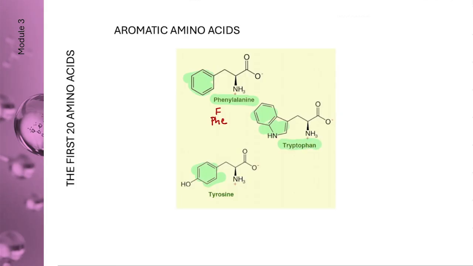Do you remember the first letter for tryptophan? W, and the 3-letter TRP. Okay? Tyrosine is also an aromatic amino acid. Can you guess the first letter for tyrosine? Y, and the 3-letter TYR. Okay, so take this, learn them in bits, and get used to the first letter and the 3-letter.